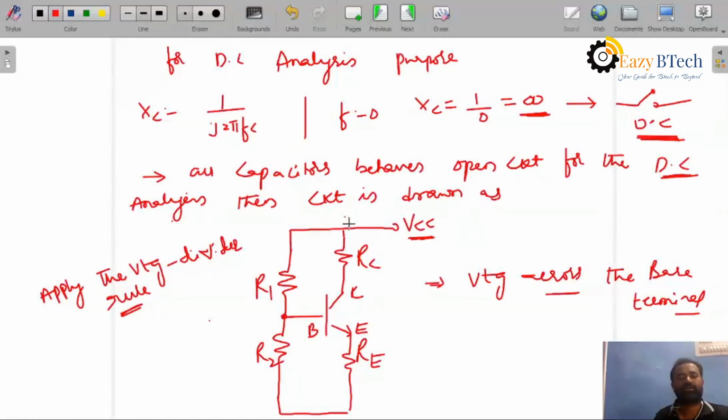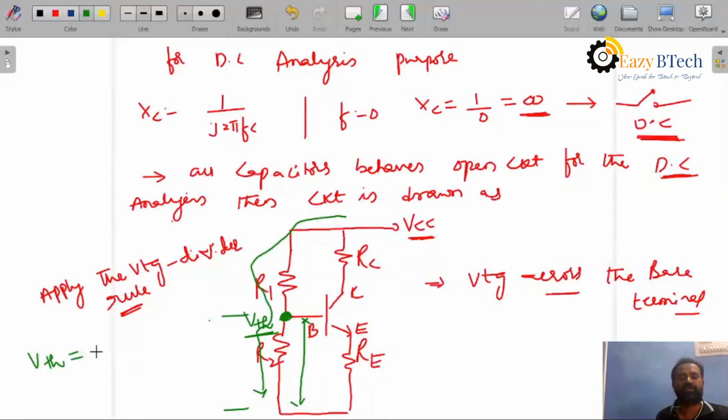We can find the voltage across R2, and assume this voltage as VTh, the Thevenin voltage.